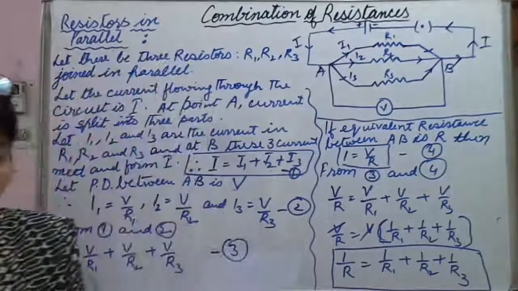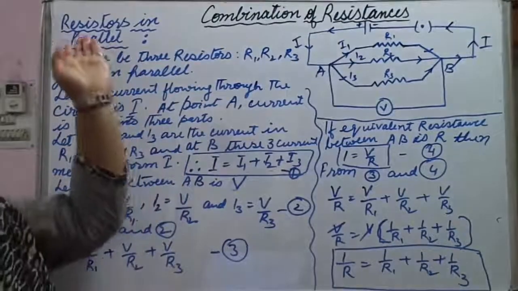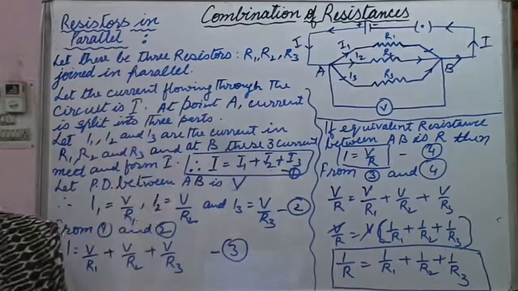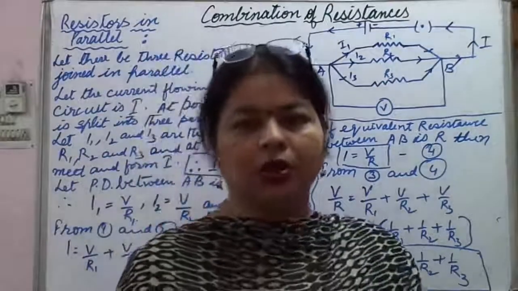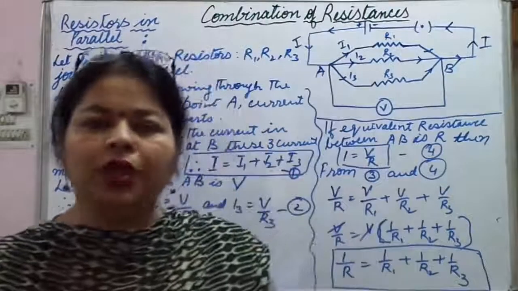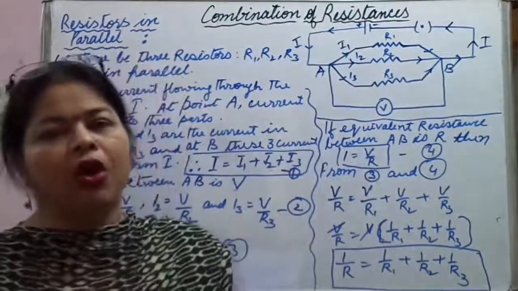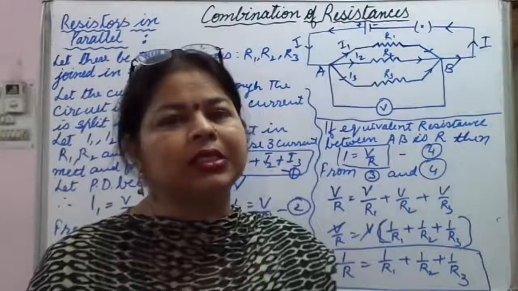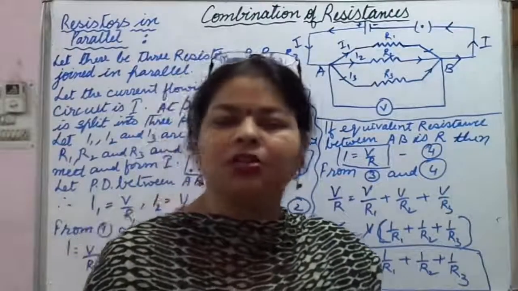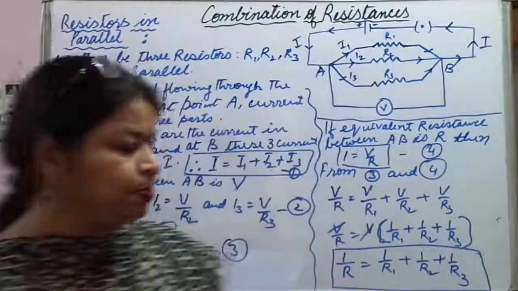How do we state this for resistors combined in parallel? The reciprocal of the equivalent resistance of the resistances connected in parallel is equal to the sum of the reciprocals of those resistances.